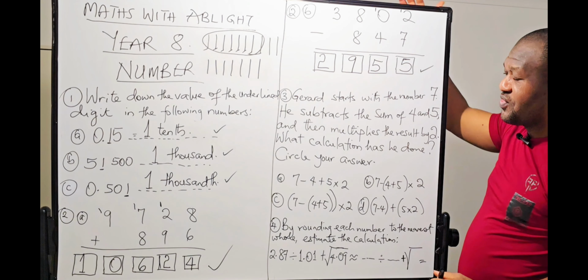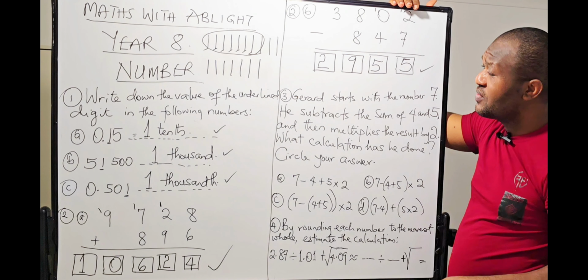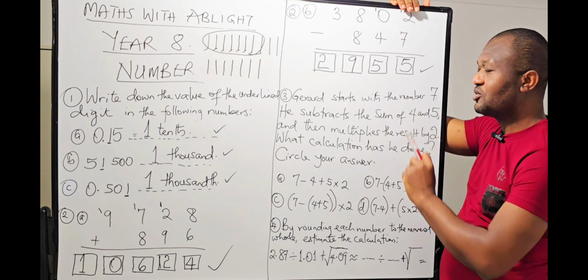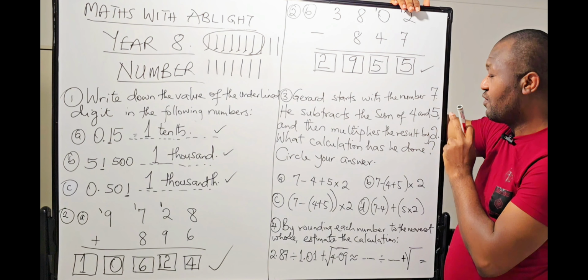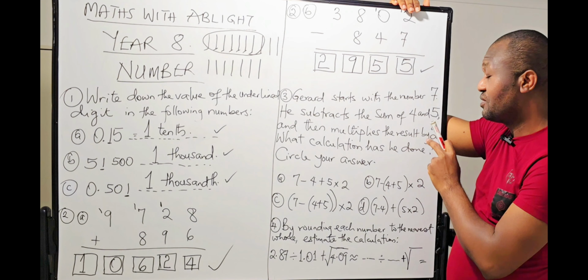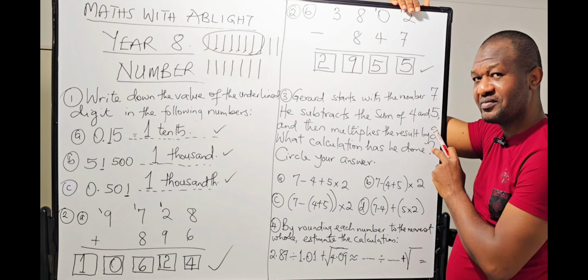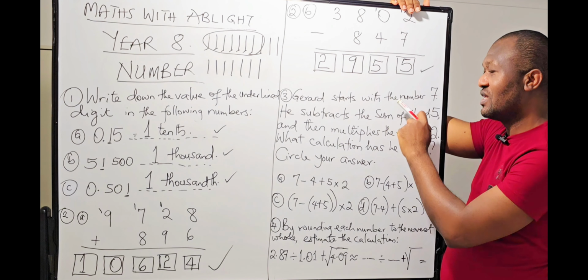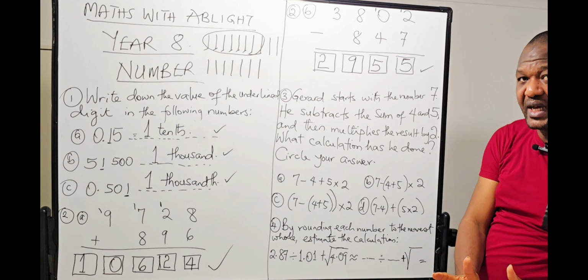Then in question 3, you are told that Gerard starts with the number 7. He subtracts the sum of 4 and 5 and then multiplies the result by 2. Listen to the English again. It says Gerard starts with the number 7. He has got 7 aside.